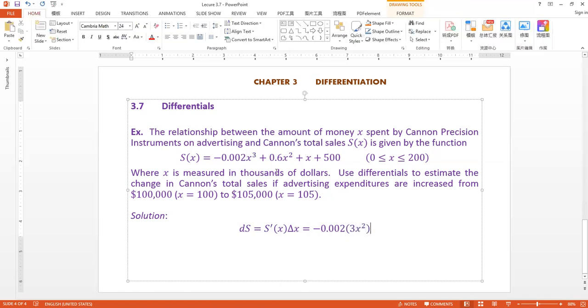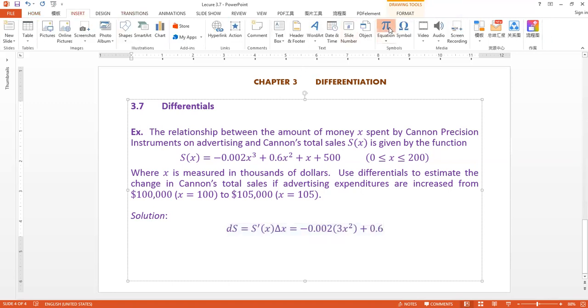So the derivative of x to the n is n times x to the n minus 1, so with n equals 3, we got 3 times x to the 3 minus 1, so 3 minus 1 is 2, so that's 3x squared. That's the first term, and for the second term basically you do the same thing. So you got 6.6 times the derivative of x squared, and you already know that.